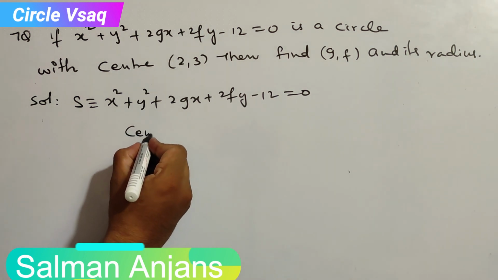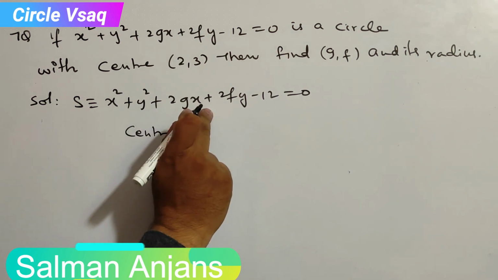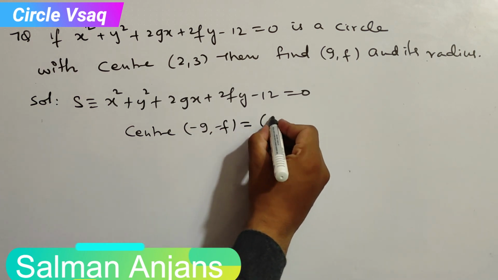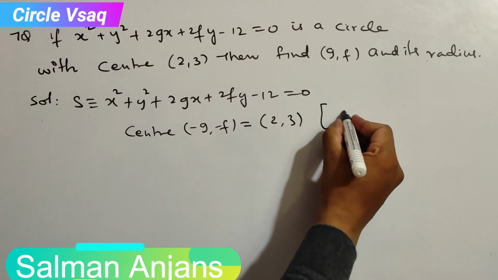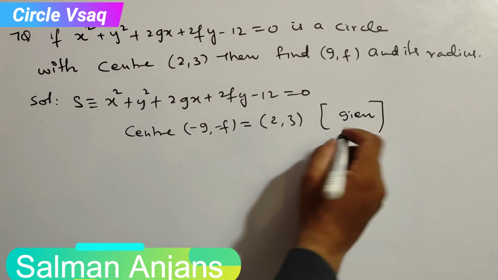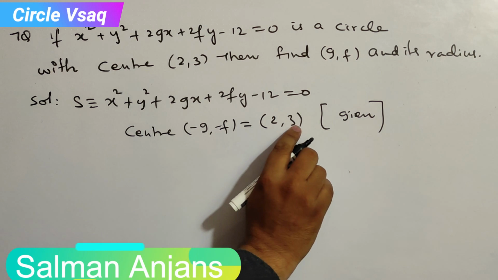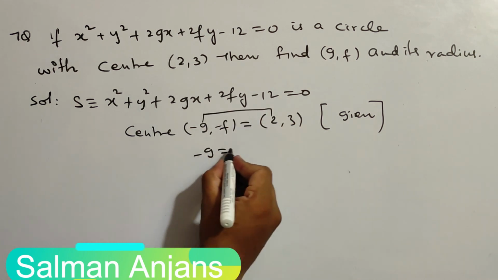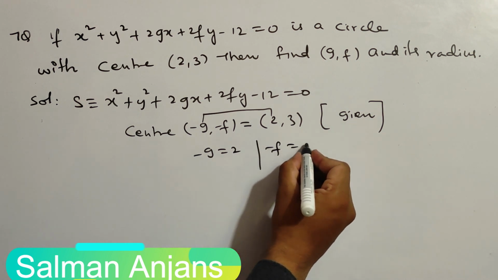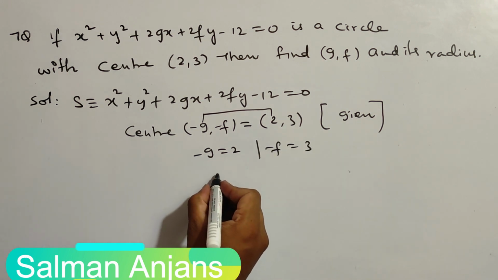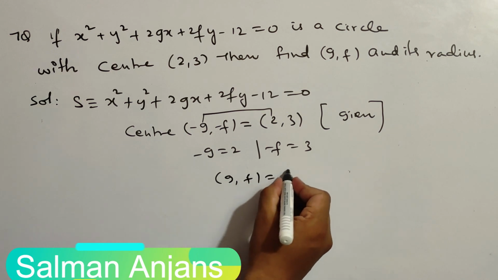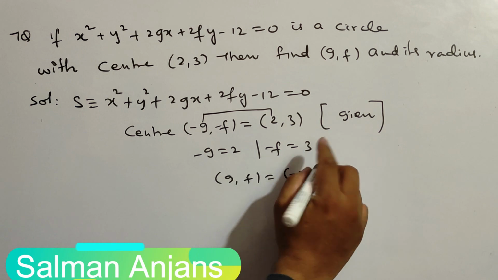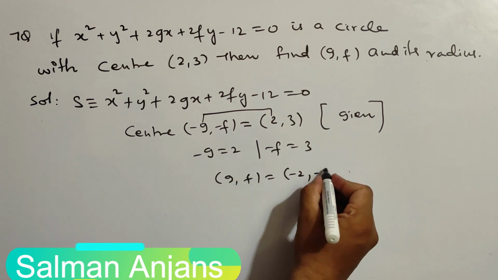We know that this is like the general form, so center is minus g comma minus f, but given center is 2 comma 3. Formula of center is minus g minus f, given is 2 comma 3. So minus g value is 2, minus f value is 3. We need to find g comma f, that is minus g is 2, then g equals minus 2, minus f equals 3, then f equals minus 3.